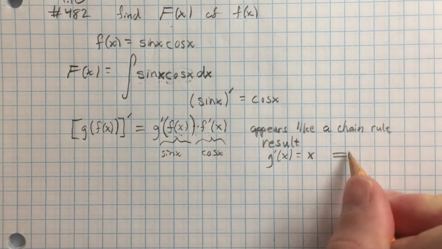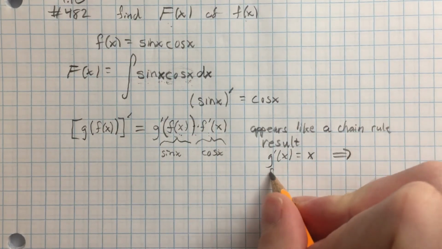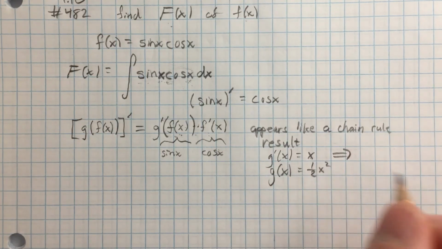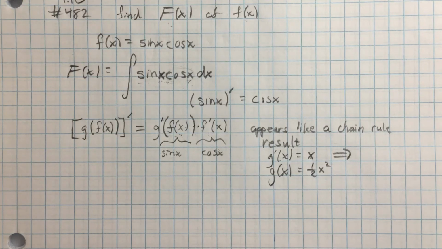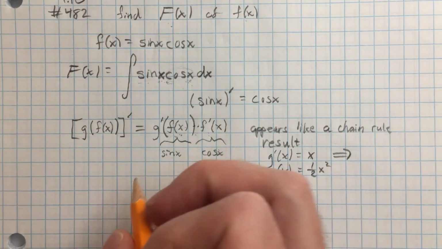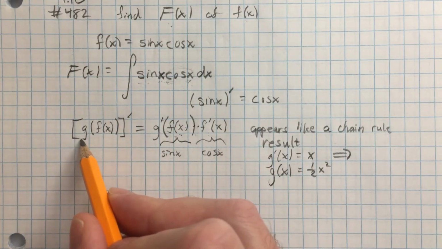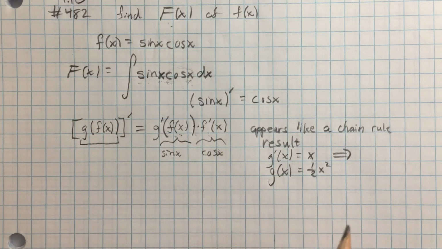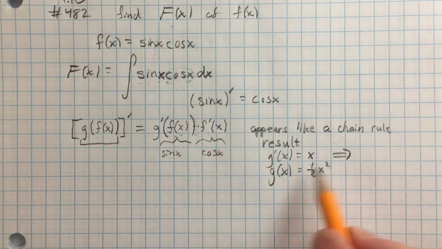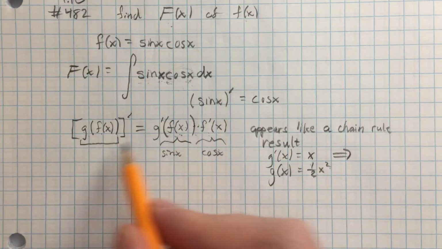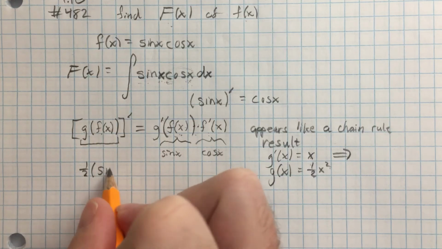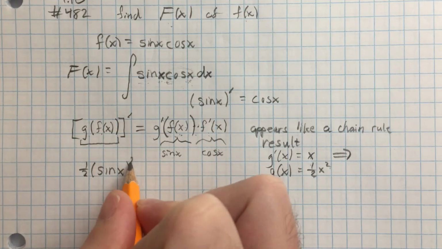If we believe that g prime being x implies that g itself must have been 1/2 x squared from regular antiderivative rules, then it must be that the original function, before any derivatives were taken, should have been 1/2 x squared, that's g, with the sine function put in. 1/2 sine x squared.